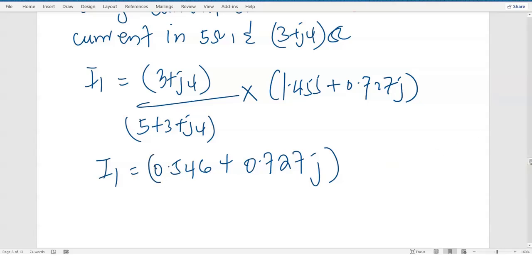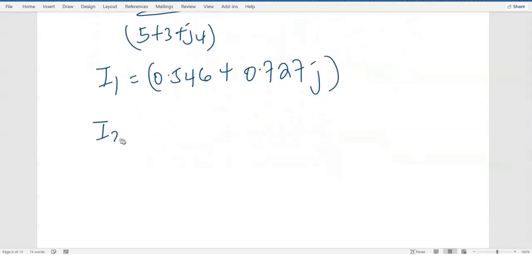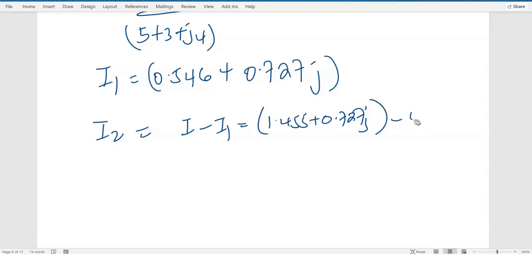To get I2, this is I minus I1: 1.455 plus 0.727J, taking away 0.546 plus 0.727J, and I get 0.909 amps.